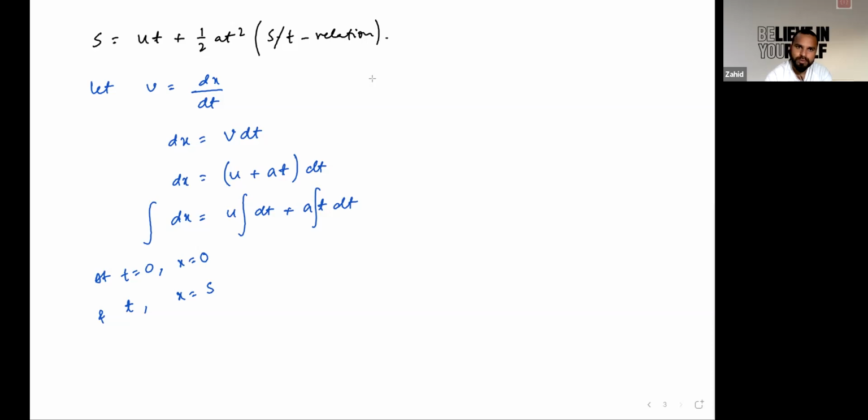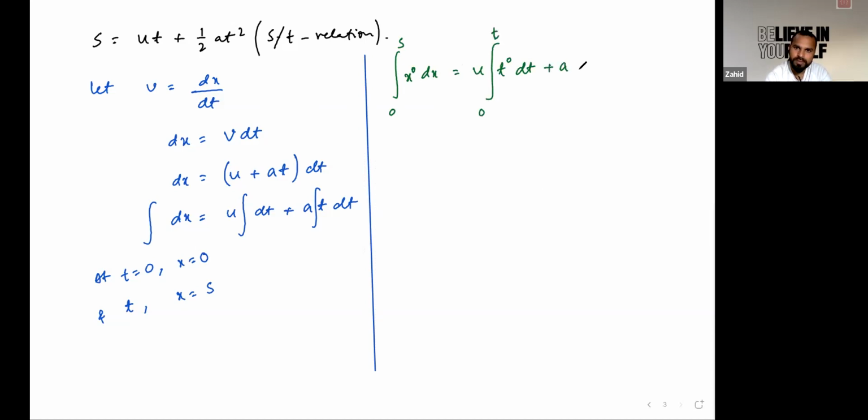So on putting these values in this expression, you will get the integral of x to the power 0 dx from 0 to s, u times the integral of t to the power 0 dt from 0 to t, plus a times the integral of t to the power 1 dt from 0 to t.